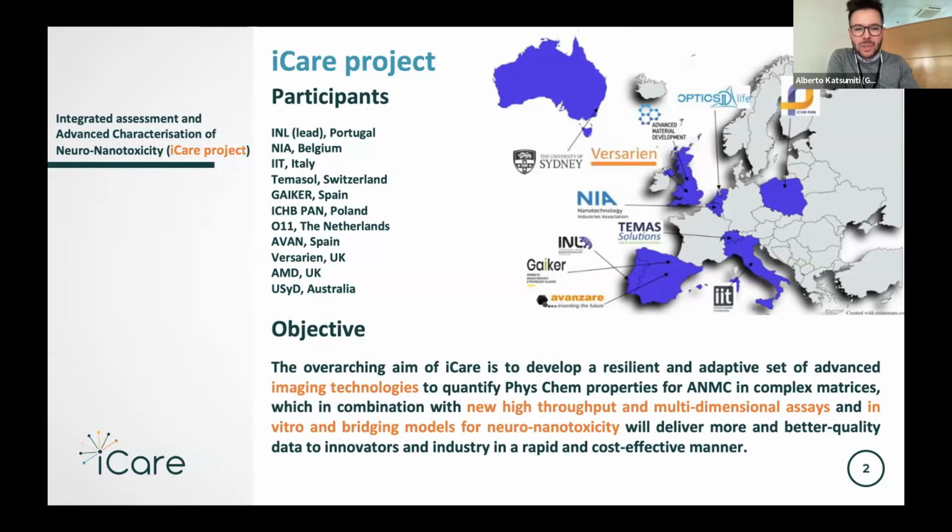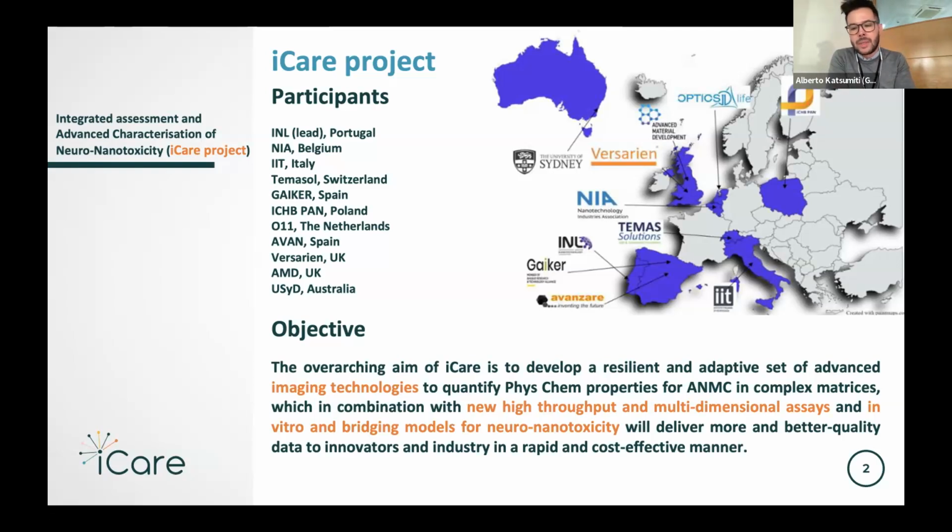In the bottom part of the slides, you can see the main objectives of the project. The main 3 objectives are the development of imaging technologies or imaging methods to quantify physical-chemical properties of advanced materials in complex matrices. We are also focusing on the development of new high-throughput and multidimensional assays.